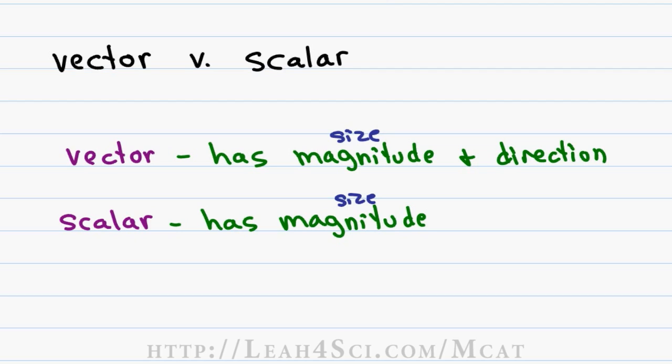So for example, if I tell you that I went for a walk today and I walked 3 miles, great, I walked 3 miles in what direction? So 3 miles is the size, it's the magnitude, but I have no idea of the direction, and therefore it is only a scalar. If I tell you that I walked for 3 miles in a northwest direction, I have a magnitude, which is 3 miles, I have a direction, northwest, and that makes it a vector.